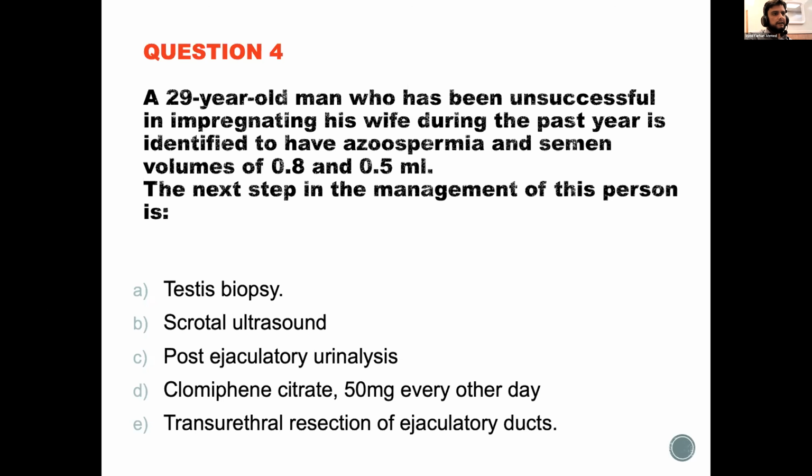For further testing, I would go for transrectal ultrasound to look for any midline cyst or ejaculatory duct obstruction, in which we can find a dilated ejaculatory duct or seminal vesicles or a central cyst. So this looks more like obstructive azoospermia, and ultrasound evaluation is more appropriate at this point of time.